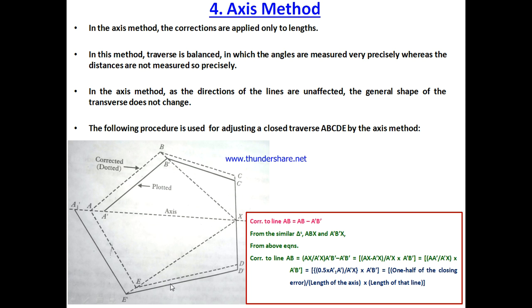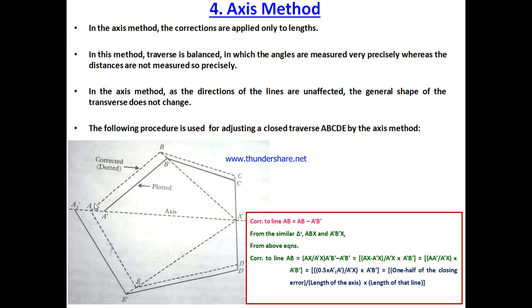So for closing this dotted traverse, I will plot a line ED, perfectly parallel to line E dash D dash, and I will extend it to where XD dash, the old traverse line, meets it. We are getting our new dotted line intersecting somewhere here at point D. So this D is the new corrected station.